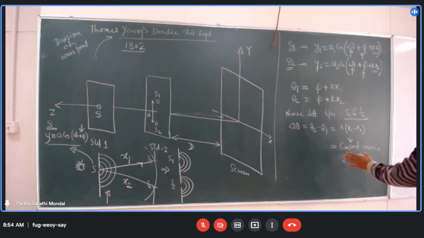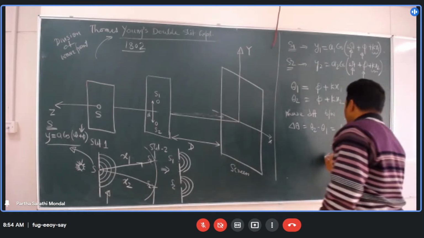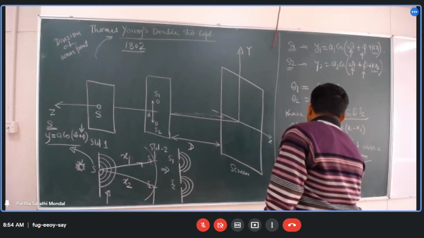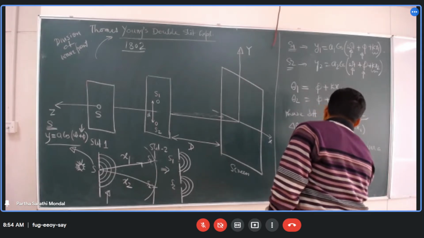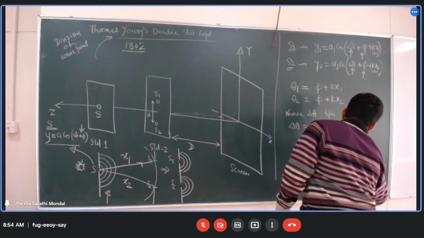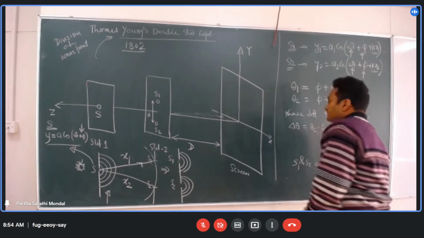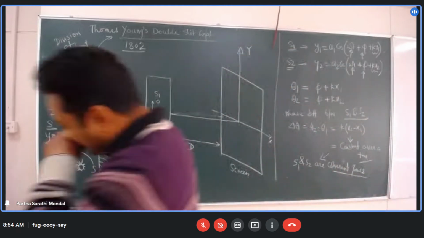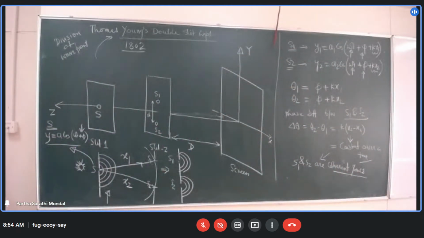If the phase difference is constant over time, then S1 and S2 are coherent sources.